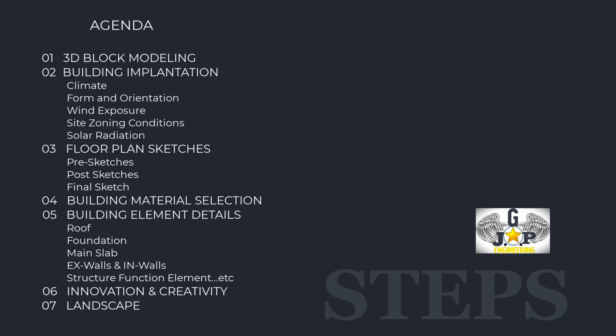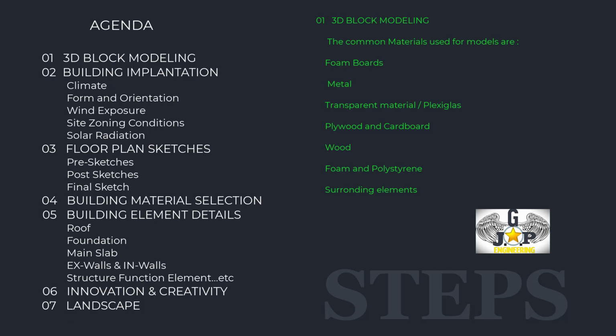And the third point, we talked about the floor plan sketches, which incorporate the pre-sketches, the post-sketches, and the final sketch. On the 3D block modeling, we enumerated different materials architects use for conceptual modeling, such as foam boards and metal. In metal, we're talking about aluminum and all types of metals that you can find out there.